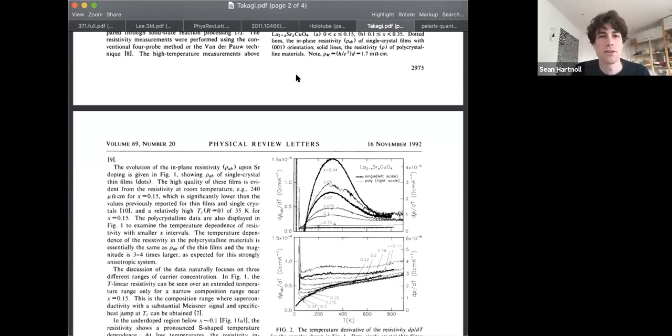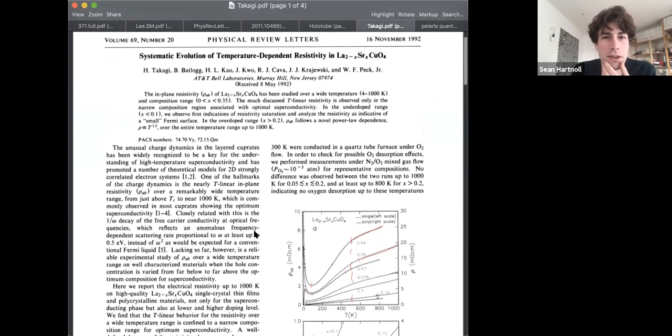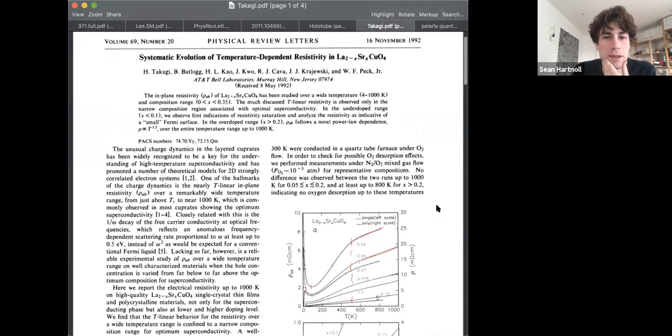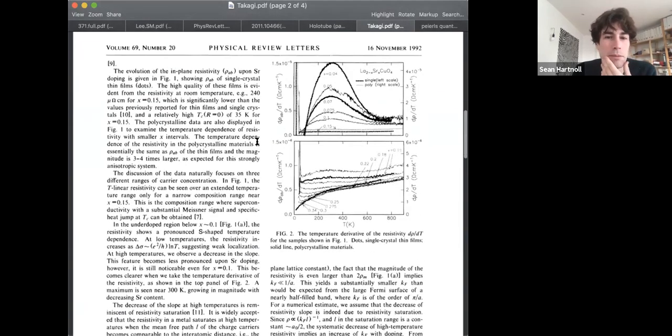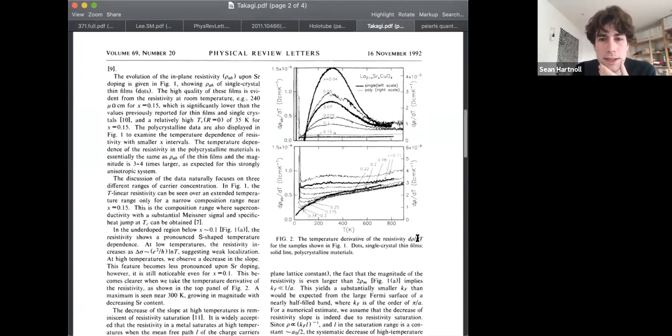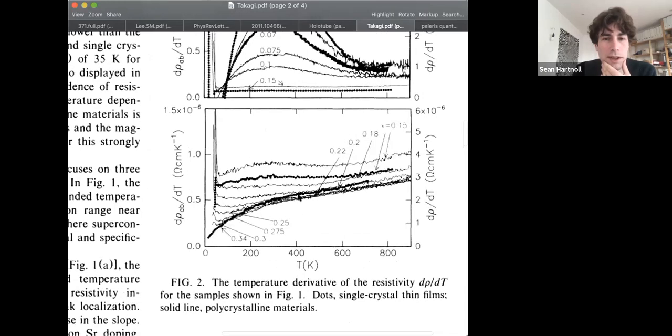Okay, there you go. So this is a fairly old paper, but I think the data is not so different from some more recent papers. This is a very early paper on LSCO up to very high temperatures, the resistance, and they plotted d rho dT. So in these dots here, there is some flattening, which is quite consistent with what's in Hussey's data.